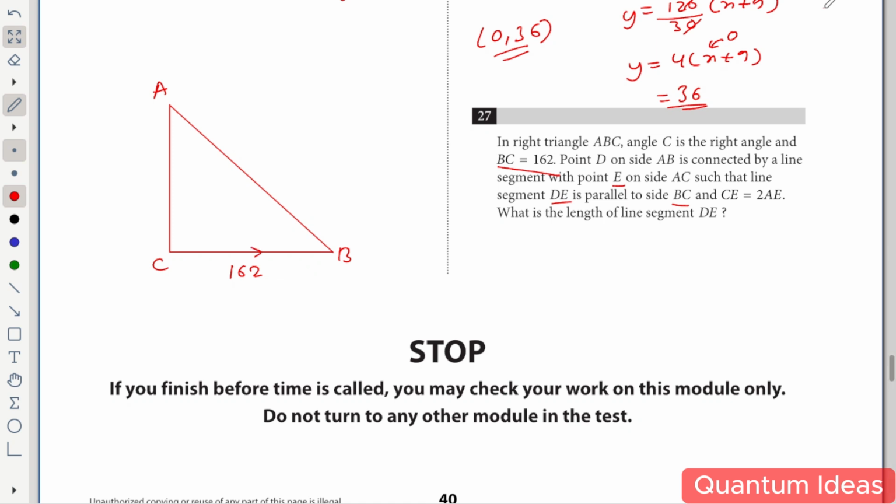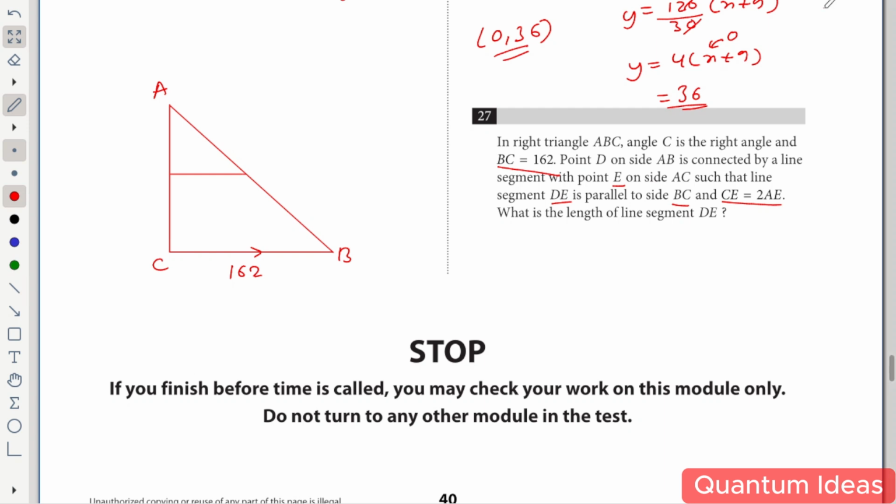And CE is 2 times AE, which means CE is double, like this.